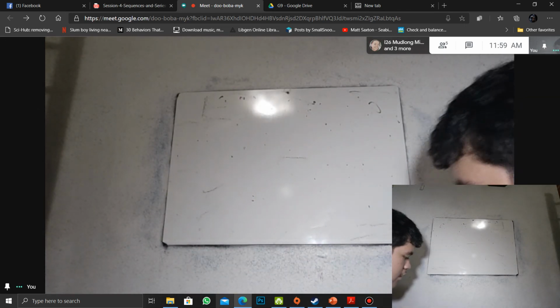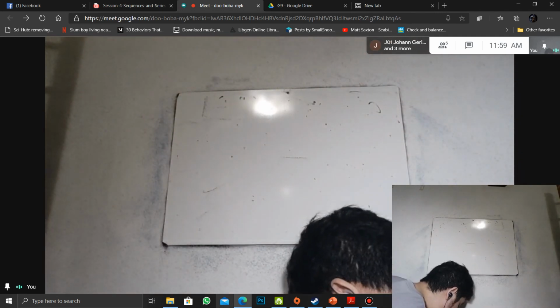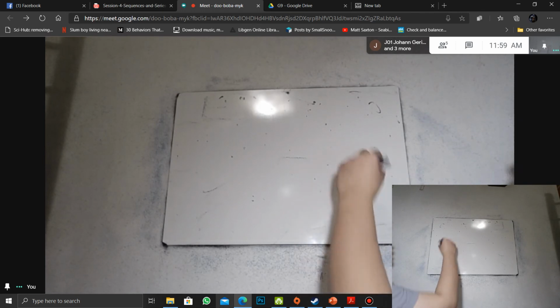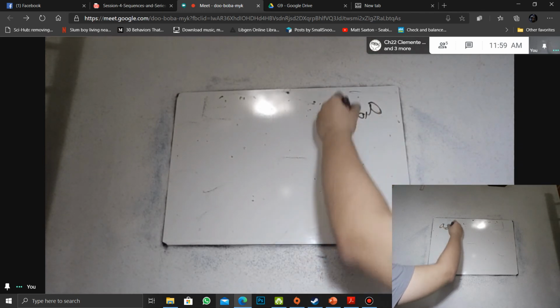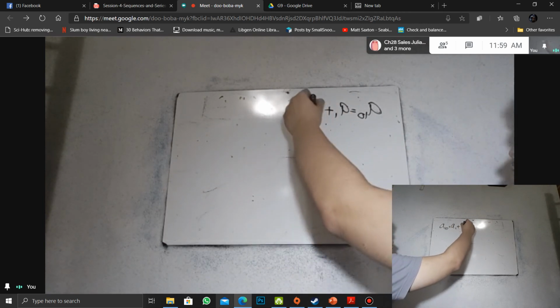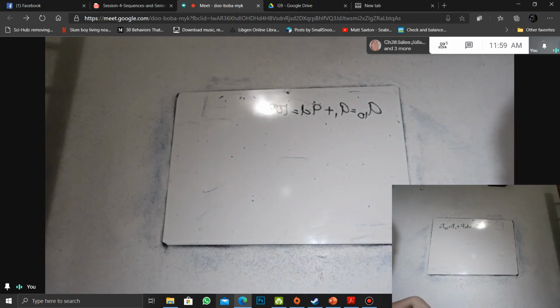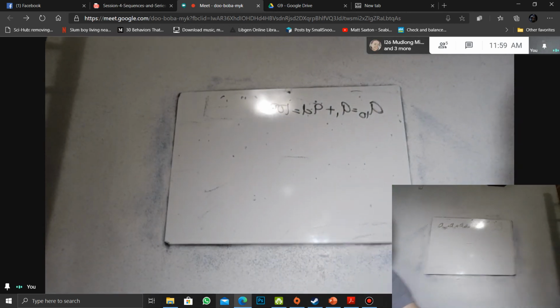Letter A. Find the common difference. So, let's use what we have there, no? Utilize the given. May makukuha tayo dyan for sure. A sub 10 equals A sub 1 plus N minus 1 times D equals to 100. S of 5, sum of the first 5 terms, no?